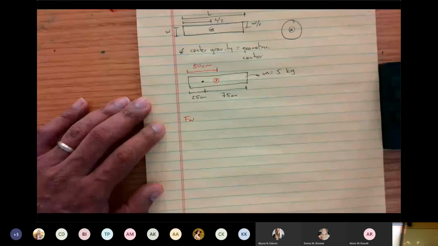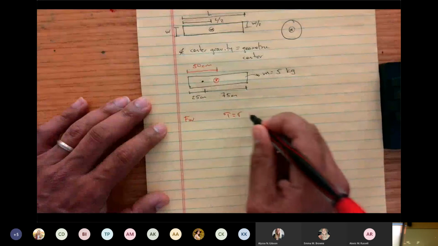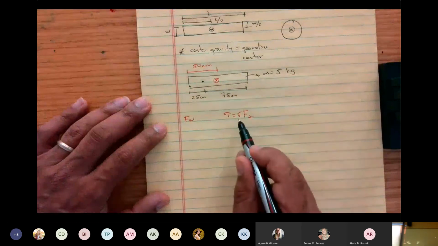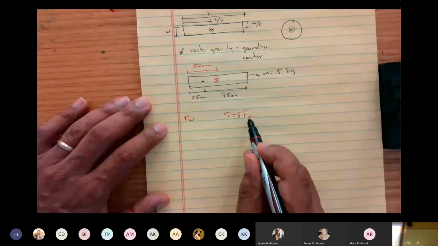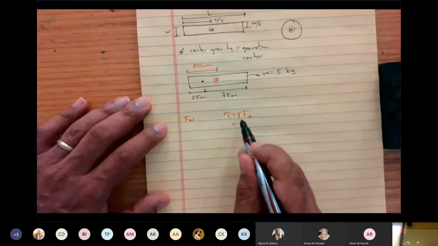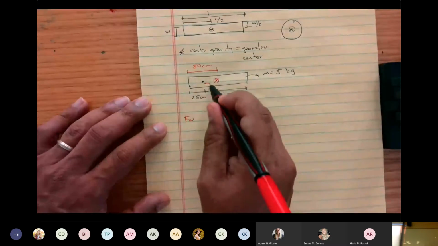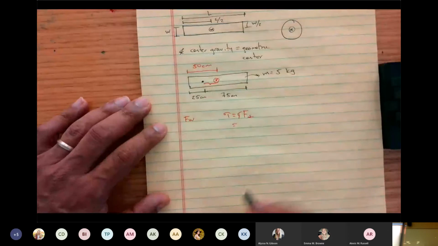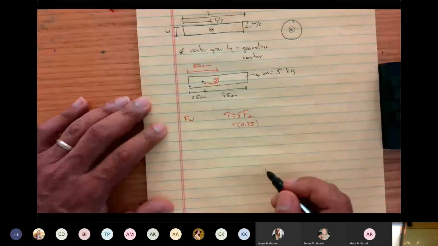Now to calculate the torque, again, the torque is the distance between the pivot point and the force that is perpendicular to the radial axis. So in this case, the distance between the pivot point and the force is this distance over here. And that's going to be 25 centimeters, 0.25 meters.